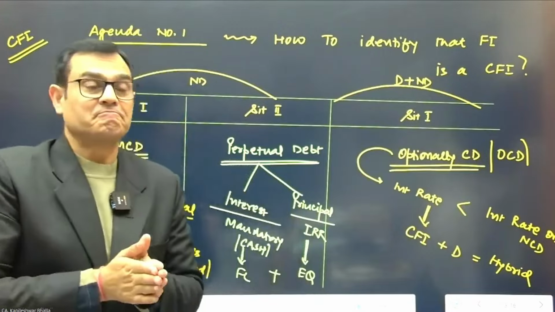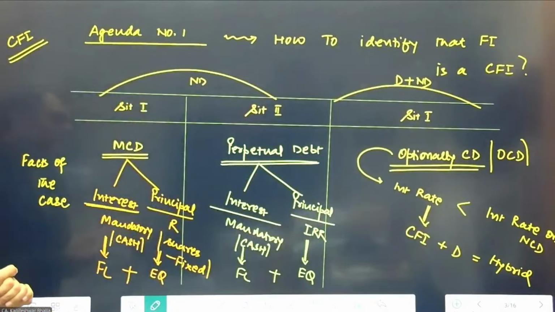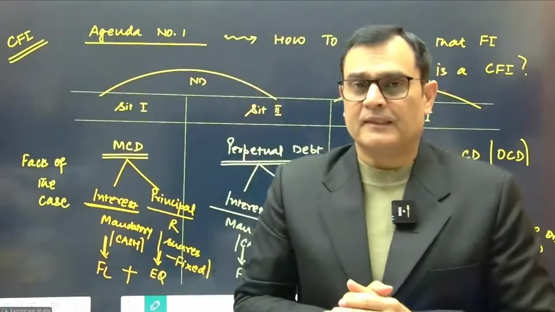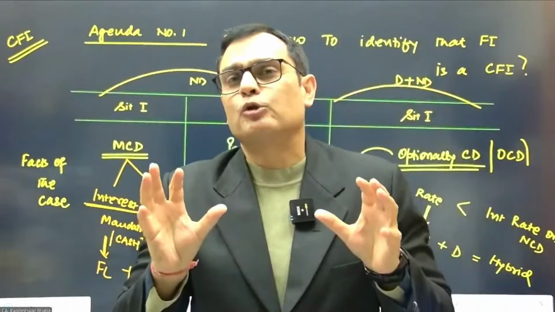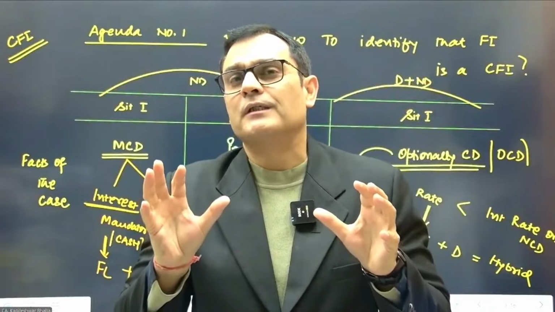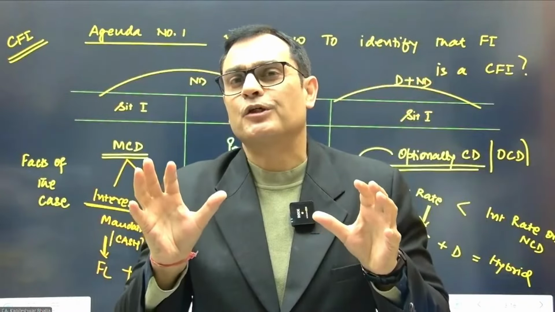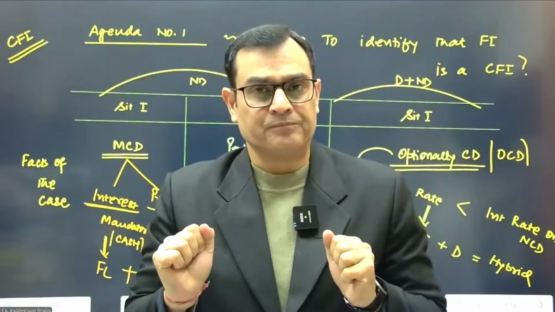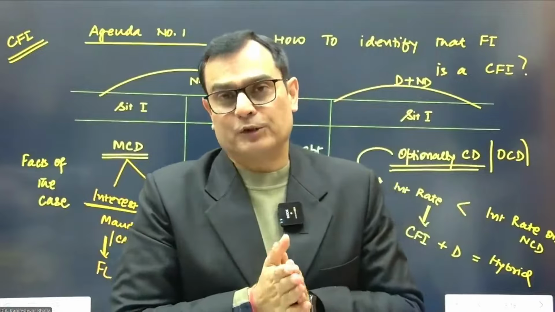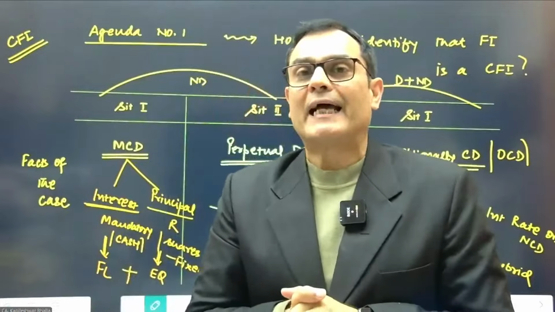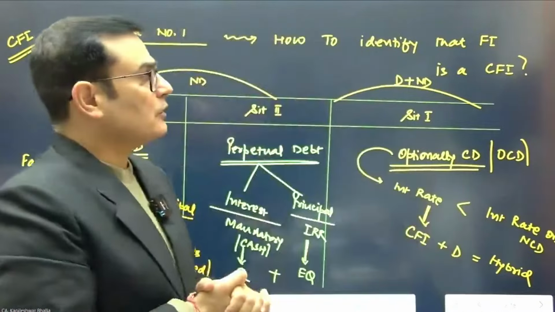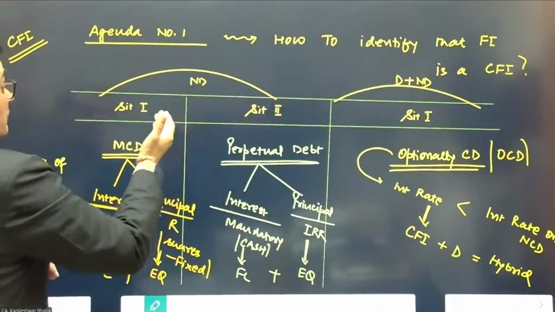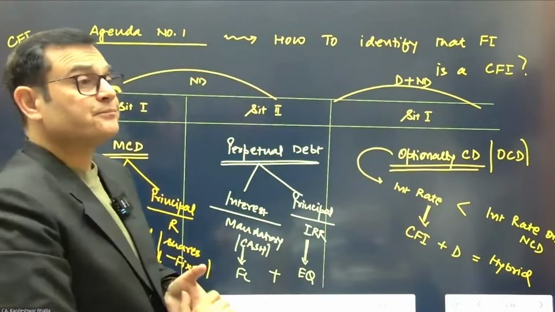Great. So just look at this chart for the time being so we can start working on agenda number 1. I've just tried to pen my thoughts in terms of the broad categories of instruments which are CFI. When I look at a CFI, I start looking at instruments which are non-derivative in nature, in which case they can become CFI.